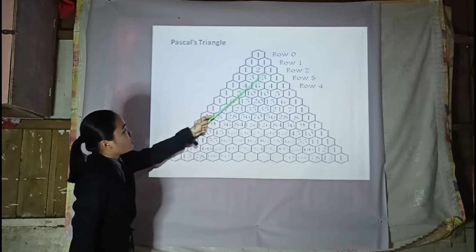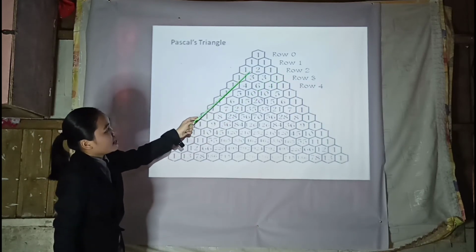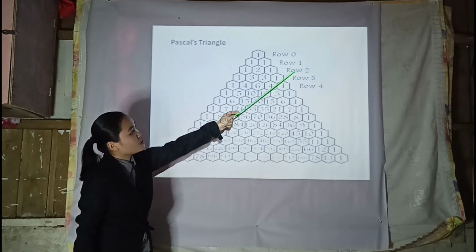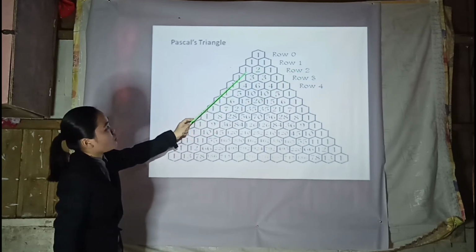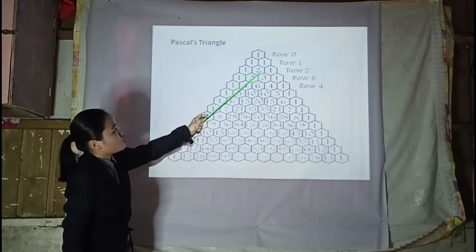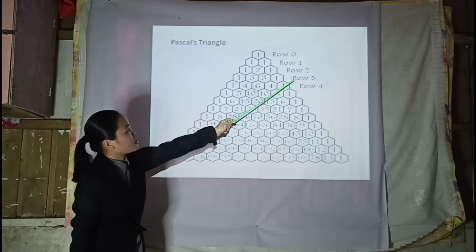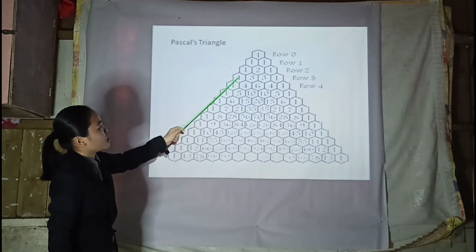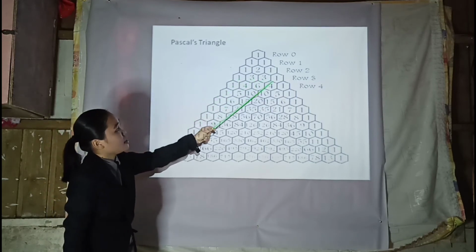In row 2, we have 3 terms because our n here is 2, so 2 plus 1 equals 3. We have 3 terms, and the coefficients here are 1, 2, and 1. In row 3, we have 4 terms, with coefficients 1, 3, 3, and 1.